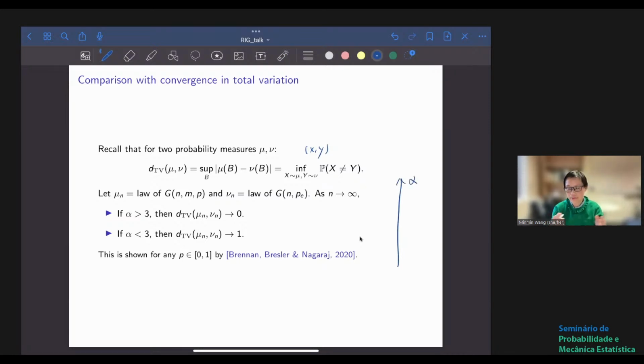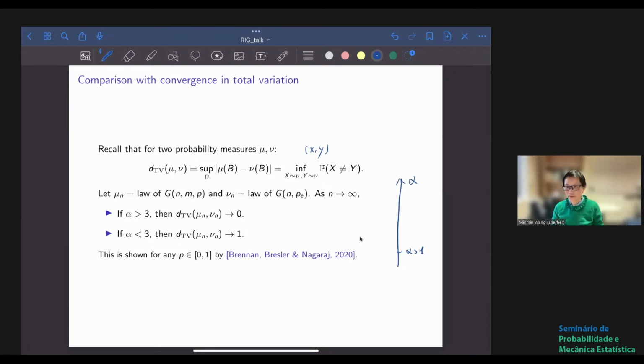If you put a random intersection graph with an Erdős–Rényi random graph side by side, and you stand from afar, some distance away, so you have the view of the whole landscape, then you only need alpha greater than 1 to say these two look the same to you.